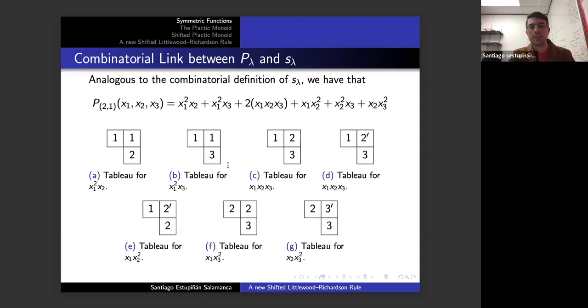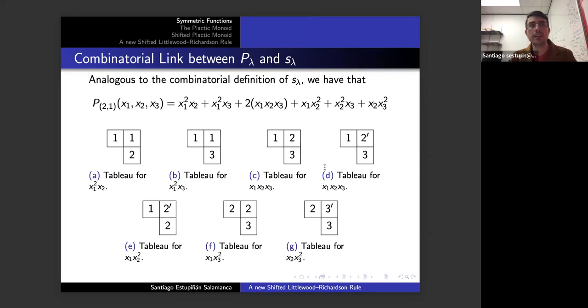The rule is very similar. Again, you want to fill this with integers in such a way that they are increasing in rows and columns, but the rows are weakly increasing, the columns are strictly increasing. The main difference from the case of the Schur functions is that in this case you can have primed entries, like 2 prime in diagram D, and you impose a certain order on these primed entries.